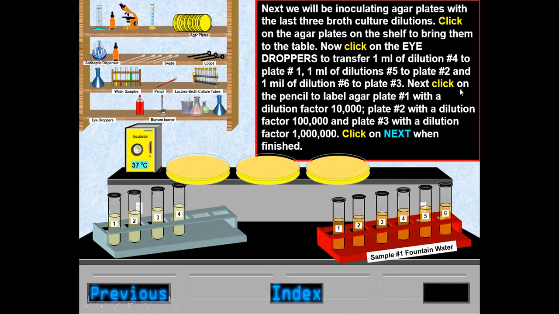Okay, done. Next, click on the pencil to label agar plate number 1 with a dilution factor of 10,000, plate number 2 with a dilution factor of 100,000, and plate number 3 with a dilution factor of 1 million.